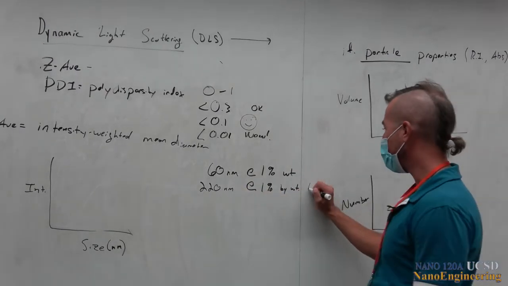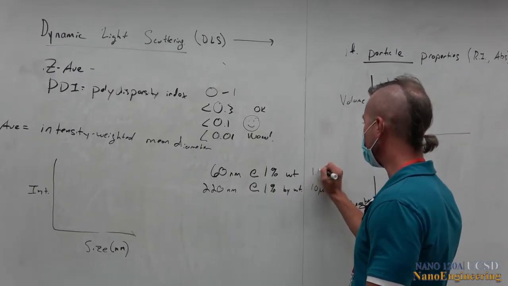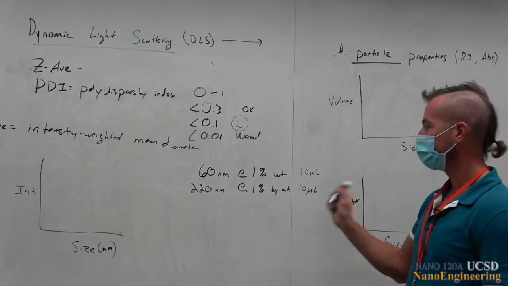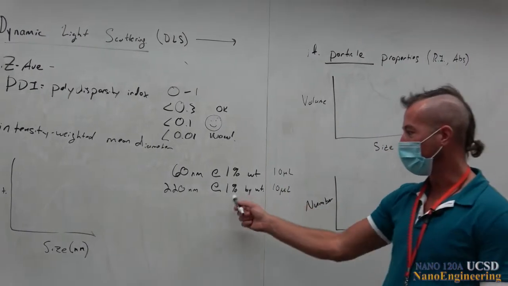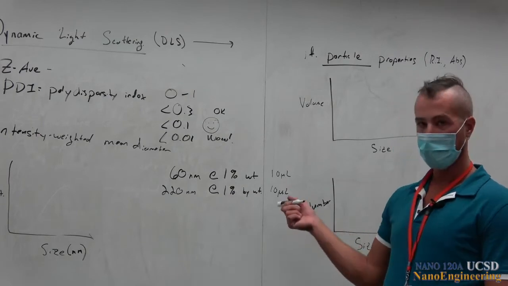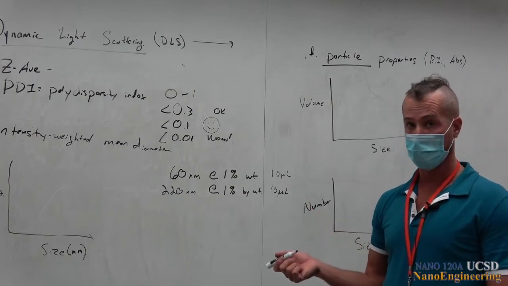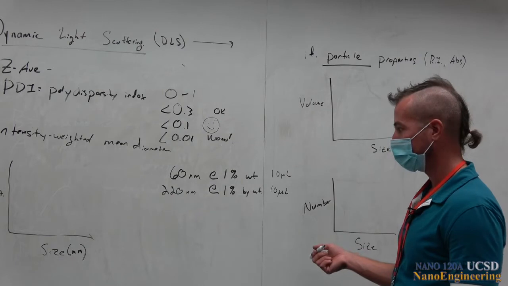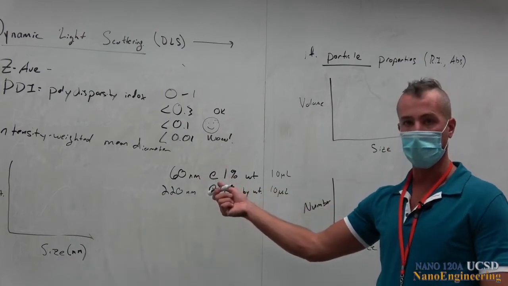If I had 10 microliters of each of these, and they're both 1% by weight, which one's going to have more particles? The 60 nanometer one, right?